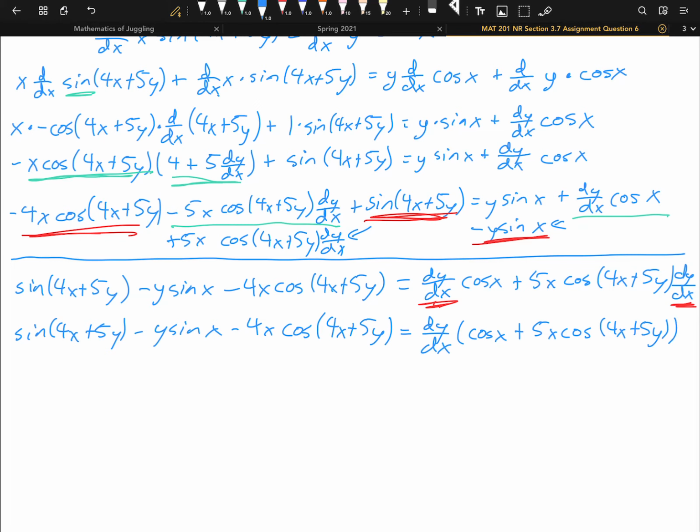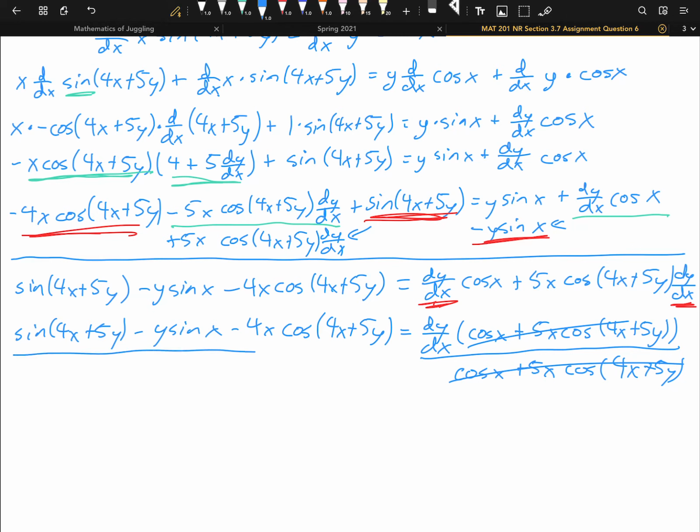So we've got dy/dx times cosine x plus 5x cosine of 4x plus 5y. And now all we have to do is divide both sides by cosine x plus 5x cosine of 4x plus 5y, and we'll be done, because these will cancel, and I'll be left with dy/dx.